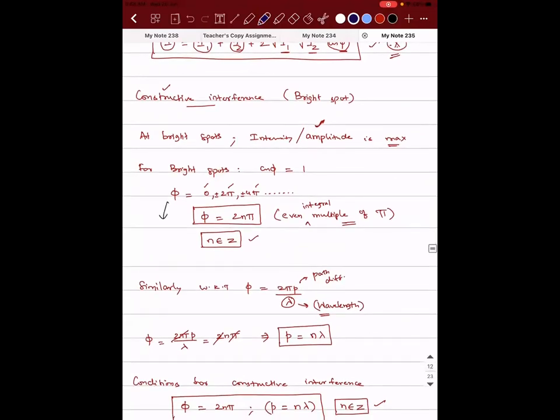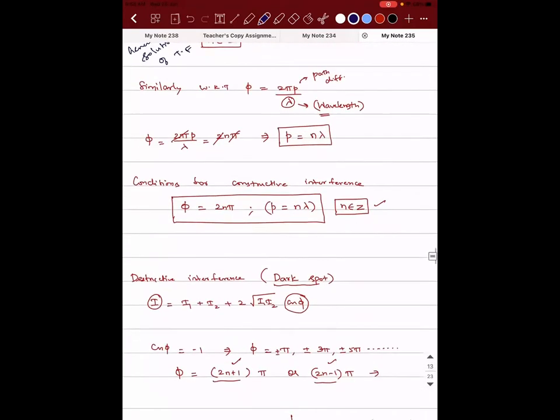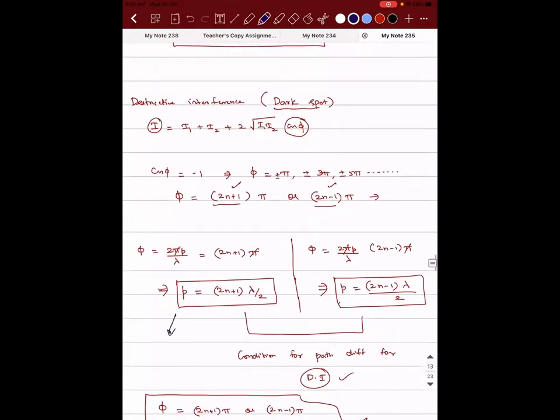See this expression I wrote, this 2n pi. This is called the general solution of a trigonometric function. Similarly, this is also called the general solution of a trigonometric function. So these are all the points that you need to have in your mind.